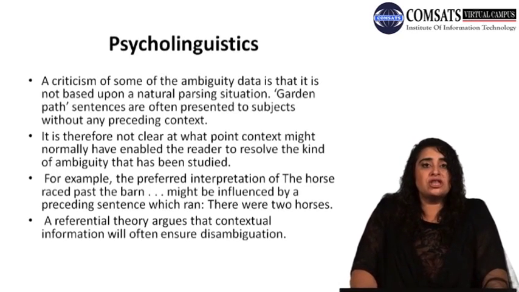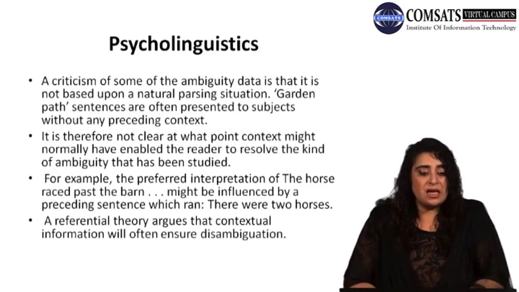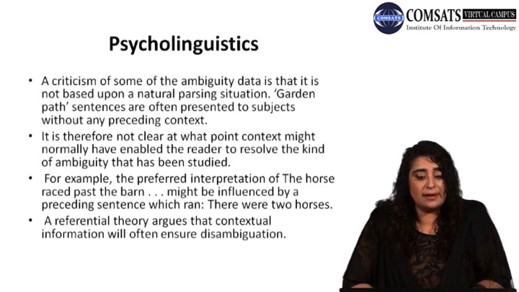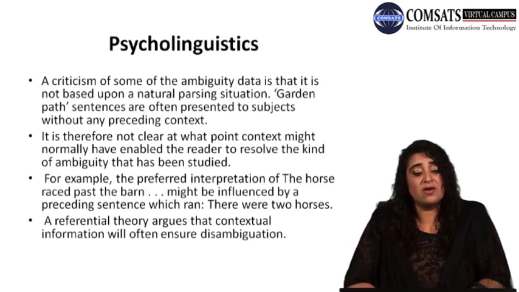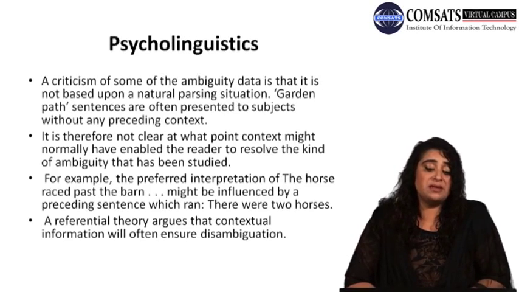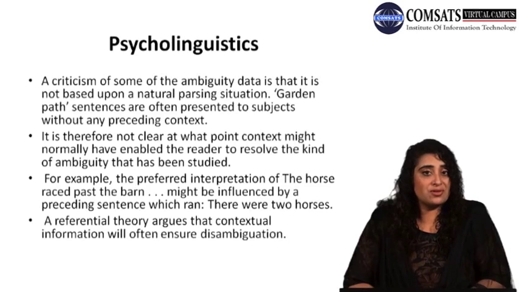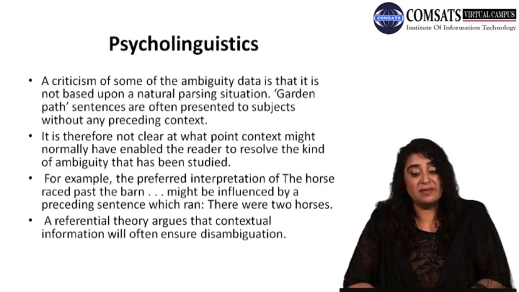They would just be given a simple part of the sentence. It is therefore not clear whether context might normally have enabled the reader to resolve the kind of ambiguity that has been studied. For example, the preferred interpretation of "the horse raced past the barn" might be influenced by preceding sentences which ran, there were two horses. So maybe that would make a difference.